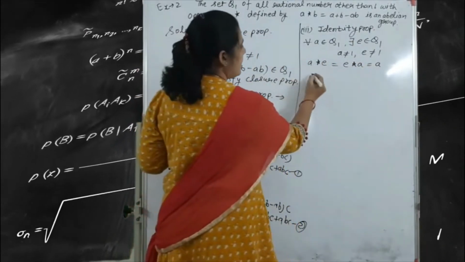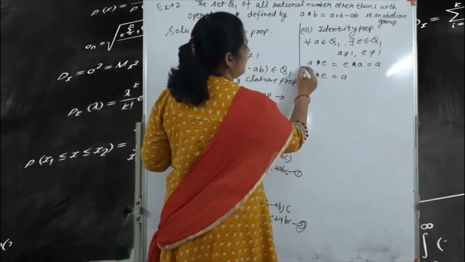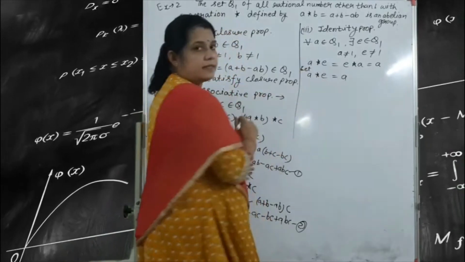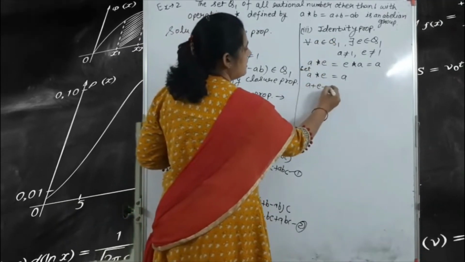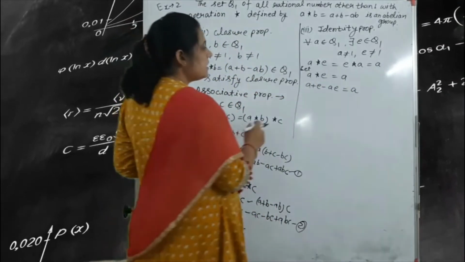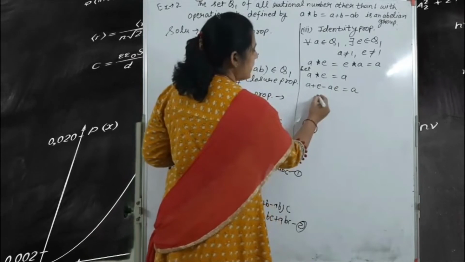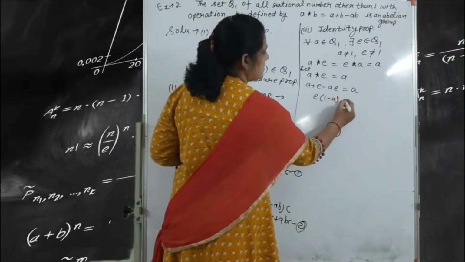First we write A star E is equal to A. So A star E, that means what? According to our definition, A plus E minus AE is equal to A. Here A cancels and we take E common, so E times (1 minus A) is equal to 0.